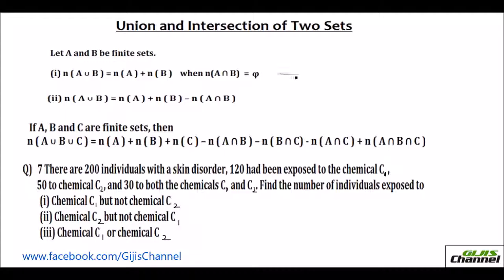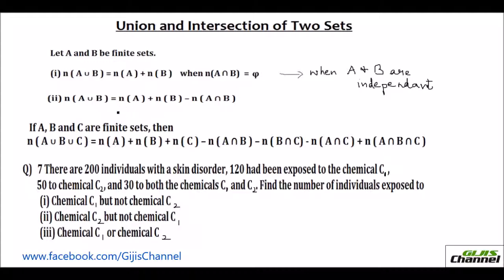So this is the case when the sets are independent. A and B are independent, because when they are independent, A intersection B would be a null set. You don't have anything common.